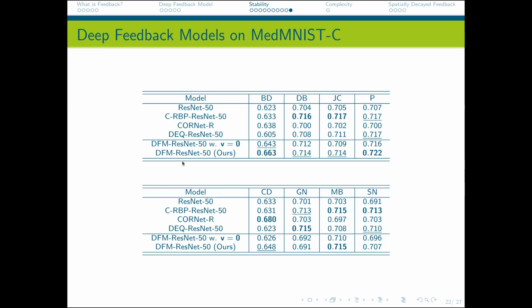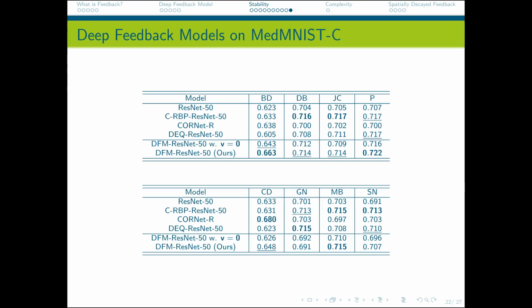Specifically, we ran a t-test, a statistical test, between the masked feedback and our model. And of course, for all of the metrics that we gathered, we showed that the DFM without the masked feedback is able to perform better than with the masked feedback, with statistical significance, of course.